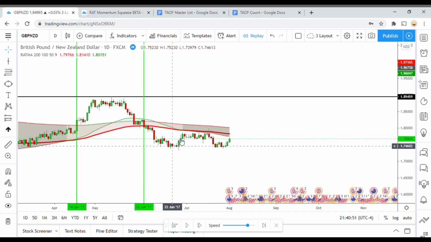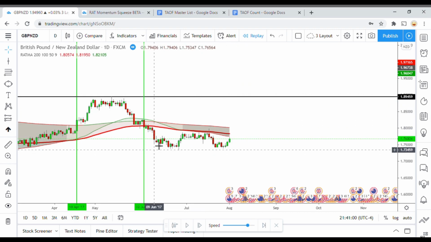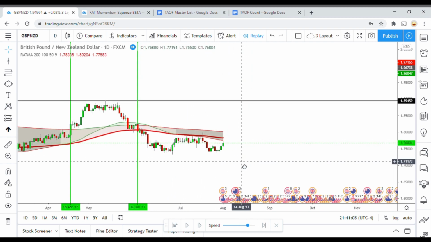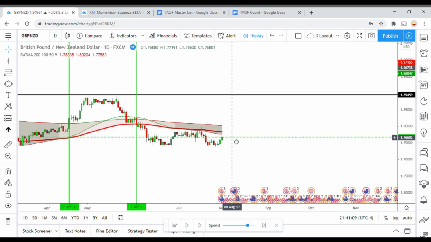Some people call it accumulation of position. And so market makers accumulating orders. Accumulating orders in this case would be probably for the long side. And so they're just kind of keeping price action right where it is as they pick up orders, more and more and more orders before they shove it to the upside.